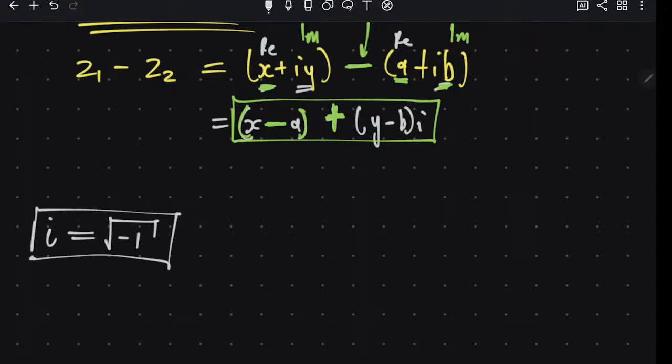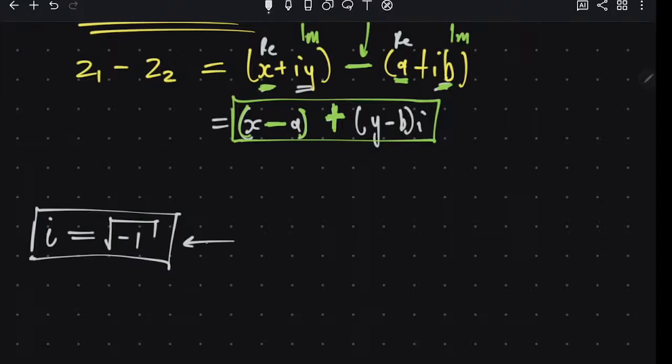We want to know with examples how you multiply and divide complex numbers in Cartesian form, or rectangular form. For us to know that, the first thing everybody should know is that I represents the root of -1, not -1, but the root of -1.